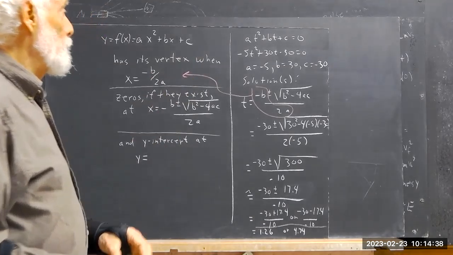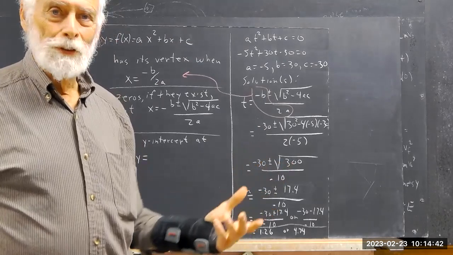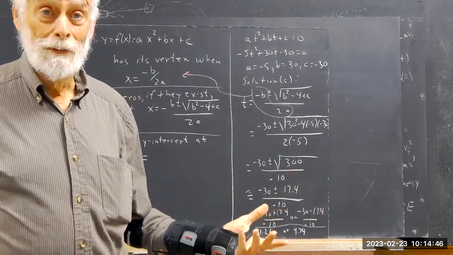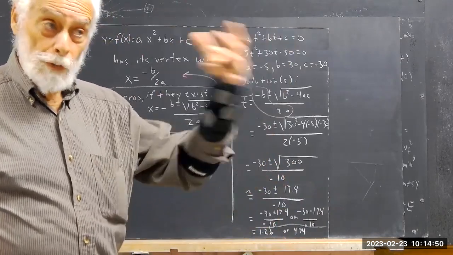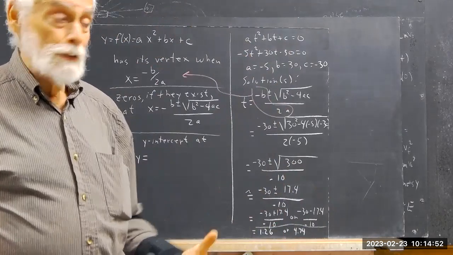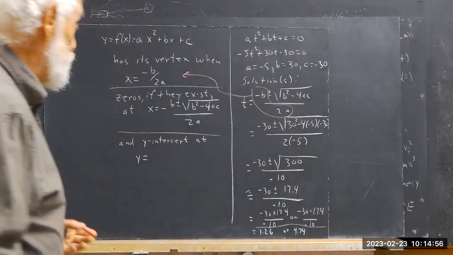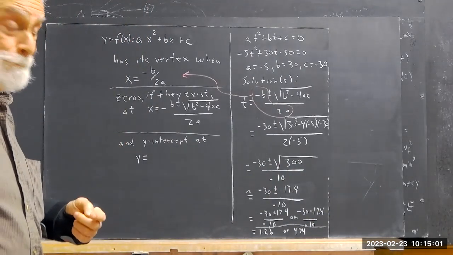It's okay to remember that the y-intercept is C for a quadratic function, but that's not going to help you with a function that isn't quadratic. You want to go back to the general principle and reinforce that for yourself too. The general principle is the y-intercept happens on the y-axis, and that's where x equals 0.